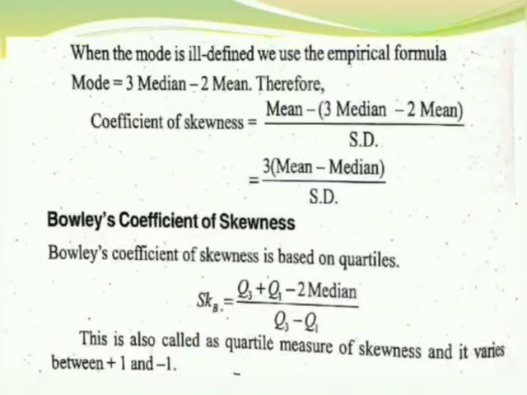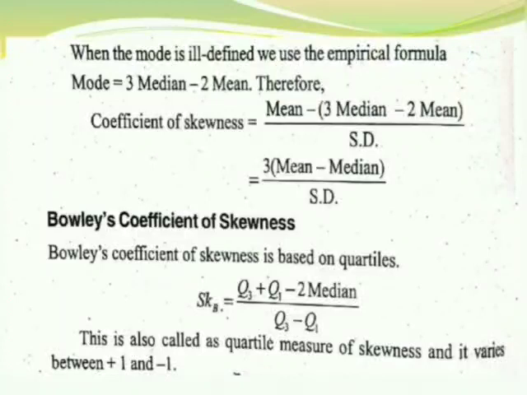Therefore, we substitute into the formula: coefficient of skewness SK is equal to mean minus (3 median minus 2 mean) divided by standard deviation. In place of mode, we substitute 3 median minus 2 mean. If we simplify this, we get 3 times (mean minus median) divided by standard deviation, which is the formula for Karl Pearson's coefficient of skewness. When we can't find the mode, we have to use this formula.